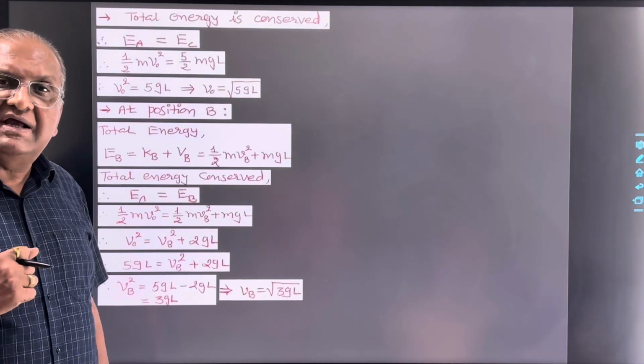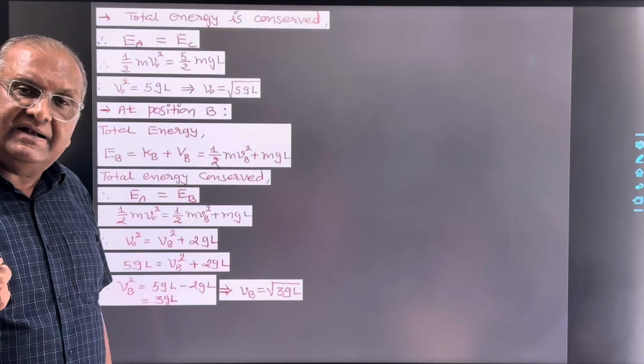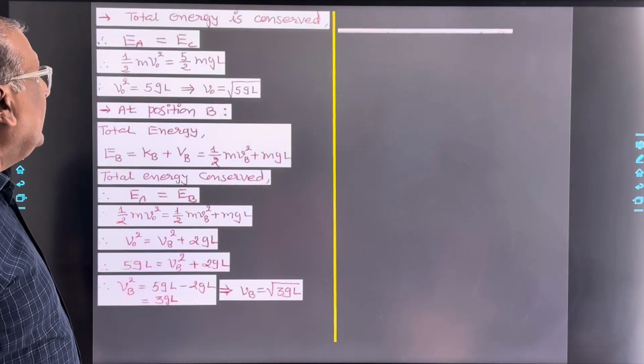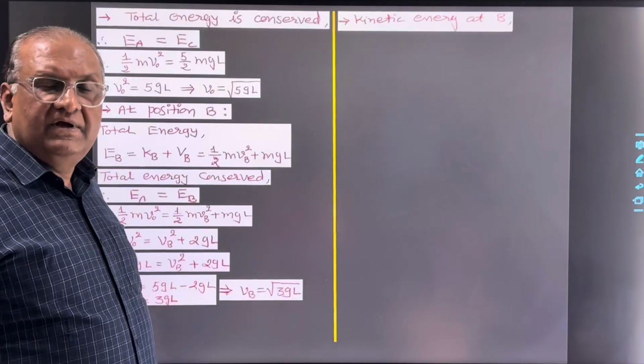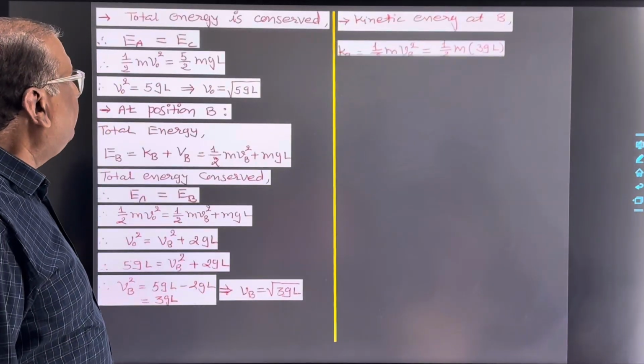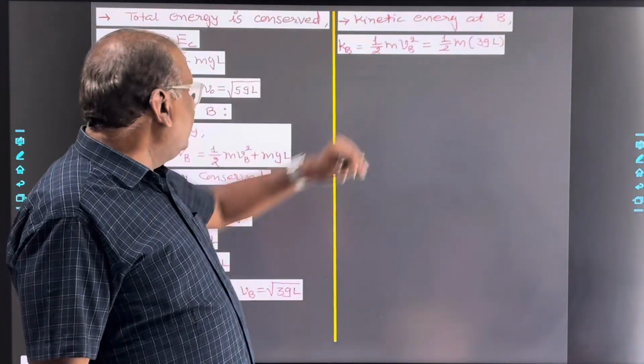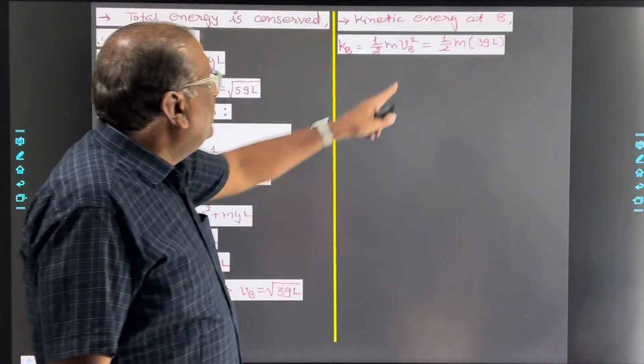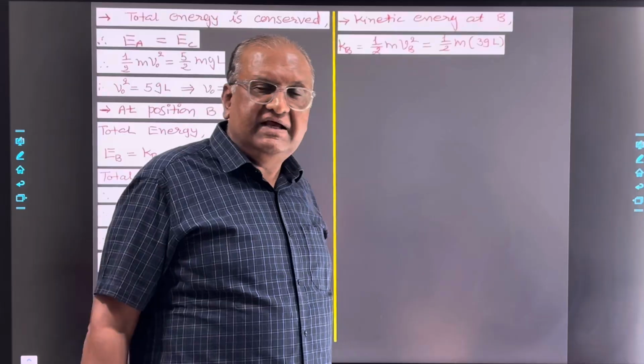Now we have to think about the ratio of the kinetic energies at B and C. Let's take kinetic energy at B, that is half m vb square. vb square is equal to 3gL, so half m into 3gL.